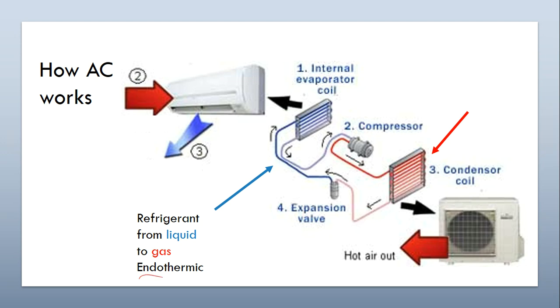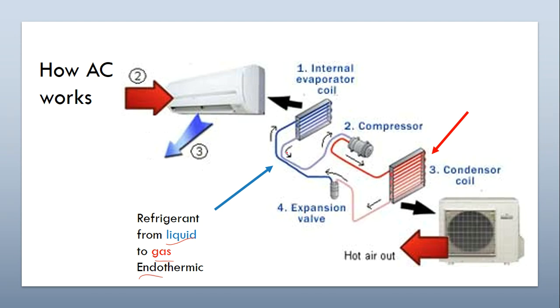And as a result of pulling heat from the room, the coils become very cold. And since they become very cold, you blow a fan over them, and it blows cold air out. So that's how an air conditioner cools your house. It's pulling the heat out of the house by turning from a liquid to a gas. And in doing that, it gets very cold on the coils, and then you blow a fan over the coils and cold air comes out.